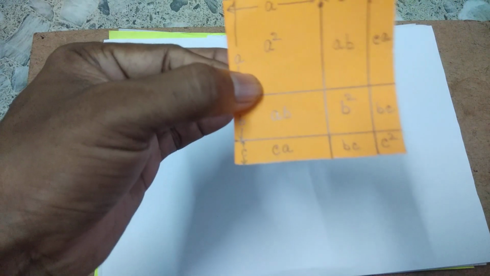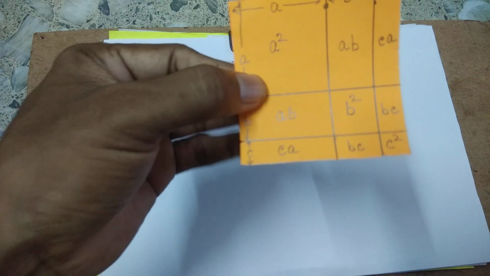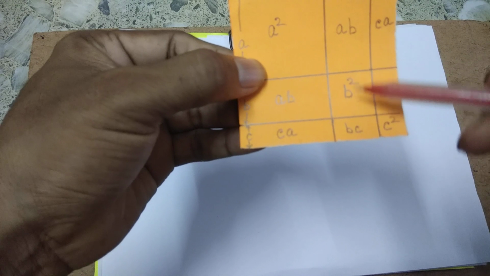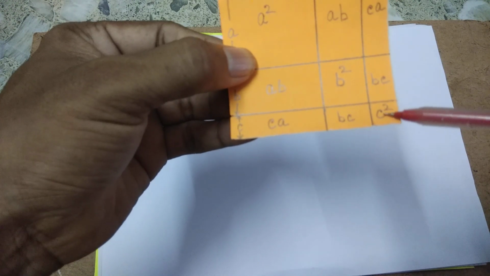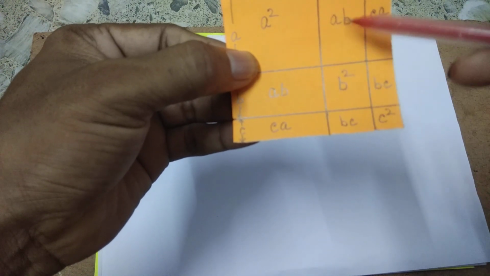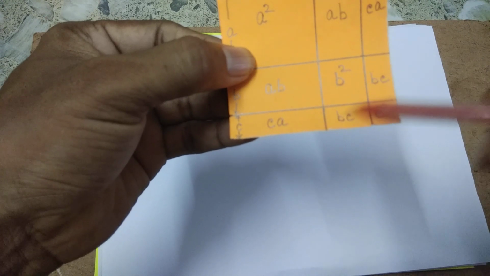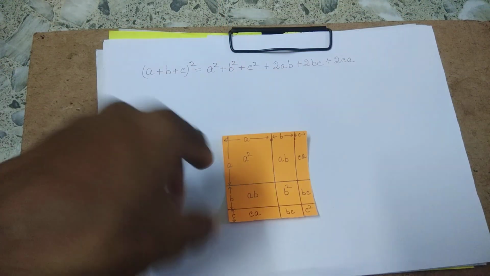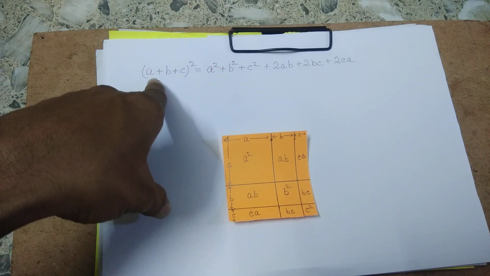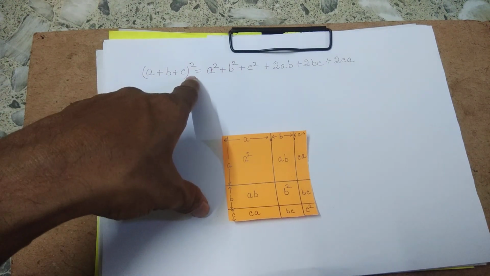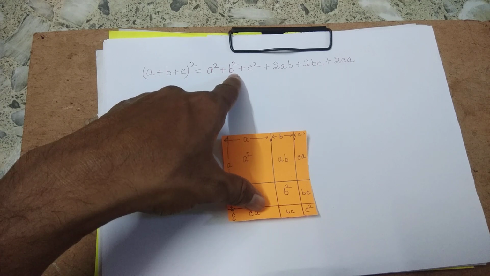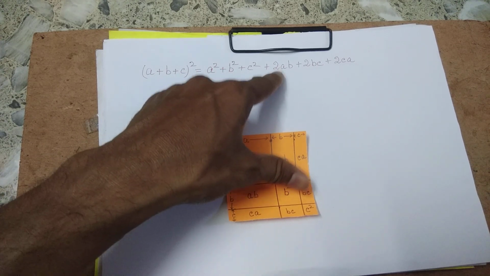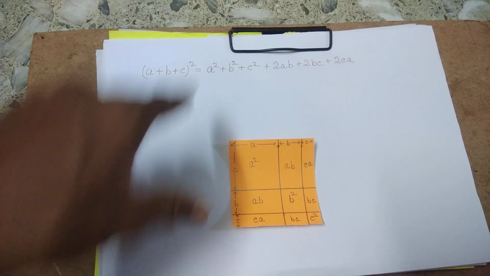That means if we divide this paper into 9 parts, we are getting a square plus b square plus c square plus 2ab plus 2bc plus 2ca. Therefore, we prove here the identity (a plus b plus c) whole square equals a square plus b square plus c square plus 2ab plus 2bc plus 2ca.